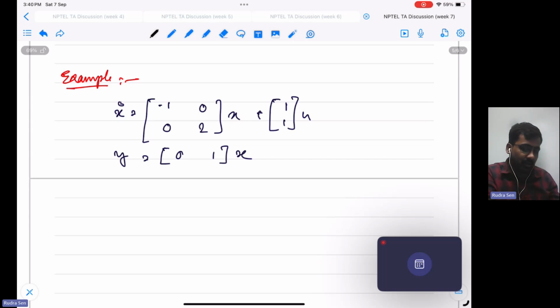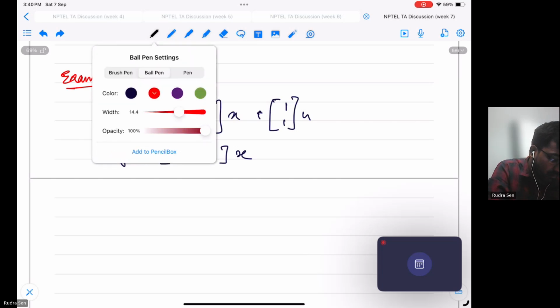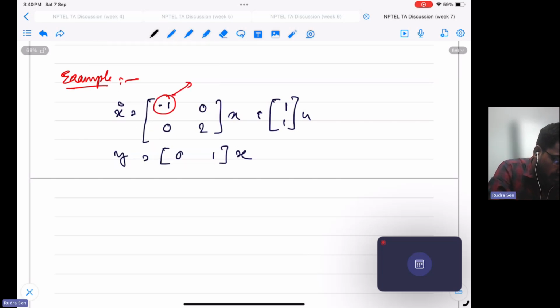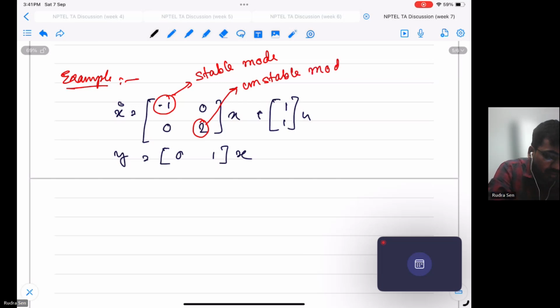As you can see, this is a stable mode and this is an unstable mode.